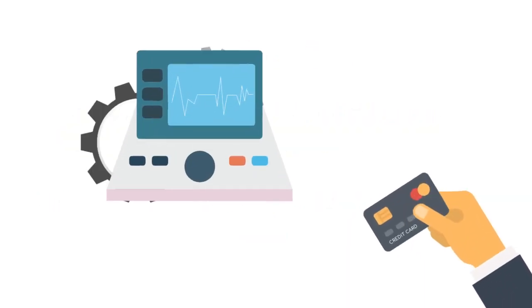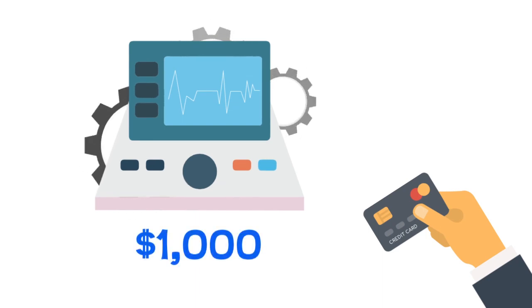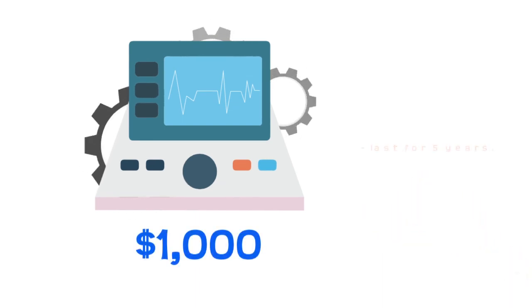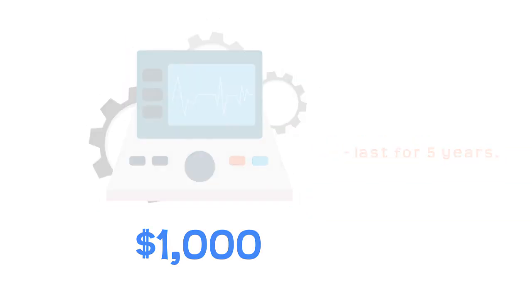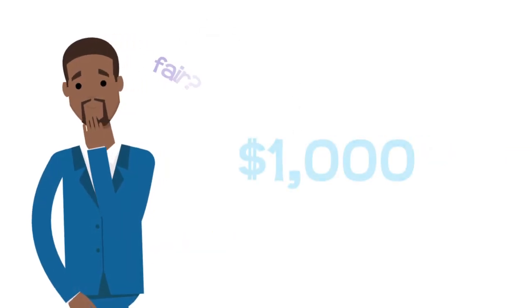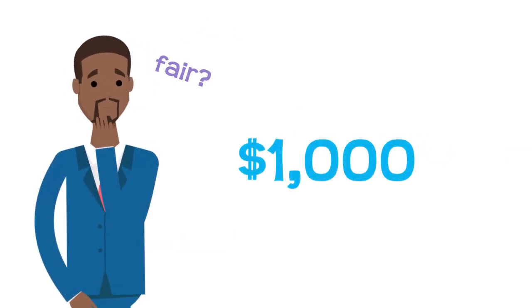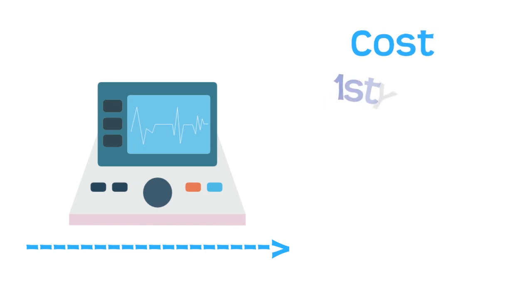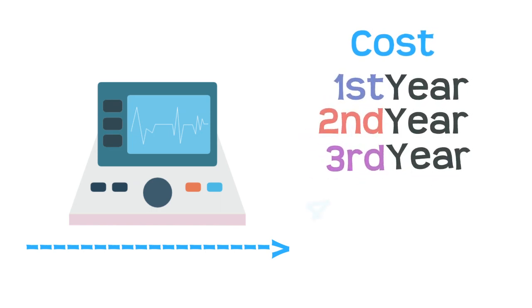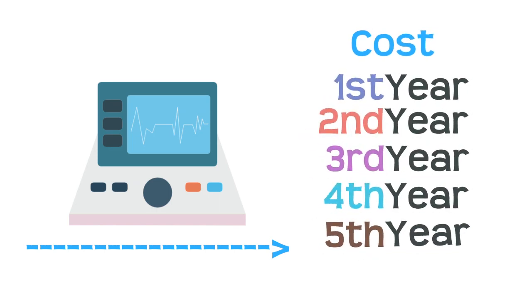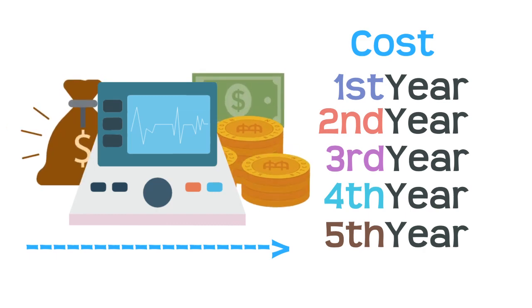If you bought a piece of equipment worth $1,000 that will last for 5 years, will it be fair to charge all the cost to the first-year revenue? Consistent with the matching principle, the cost should be spread out over the 5 years when the equipment is expected to generate revenue.